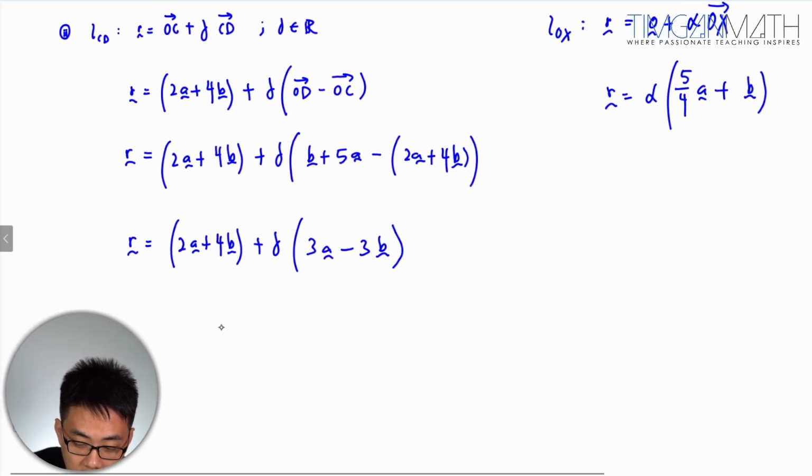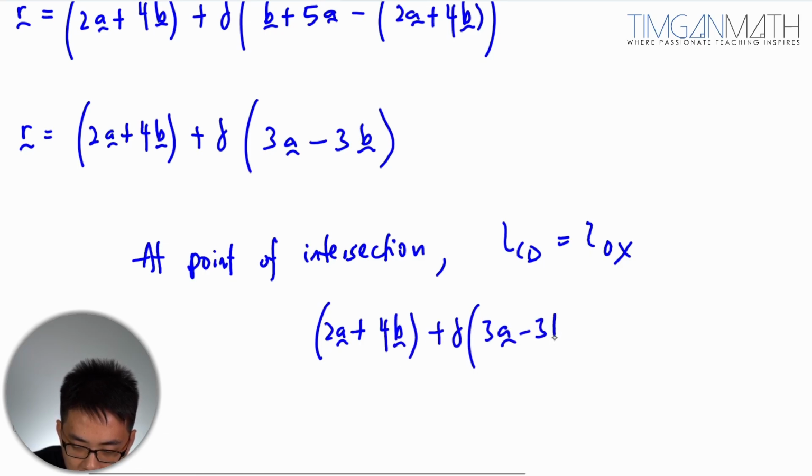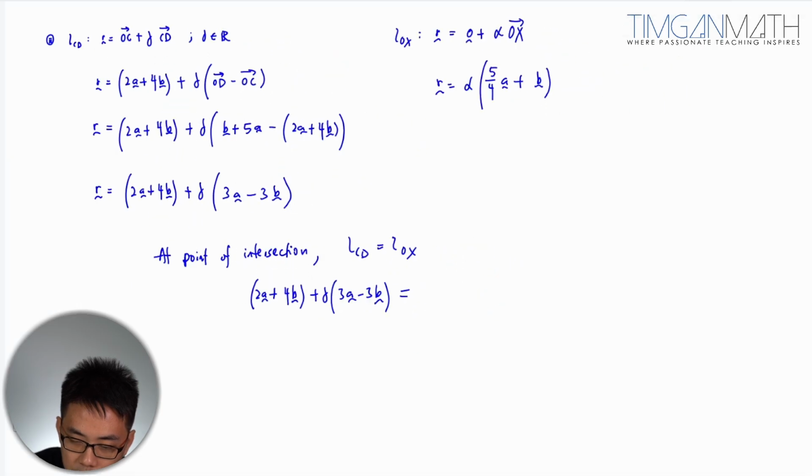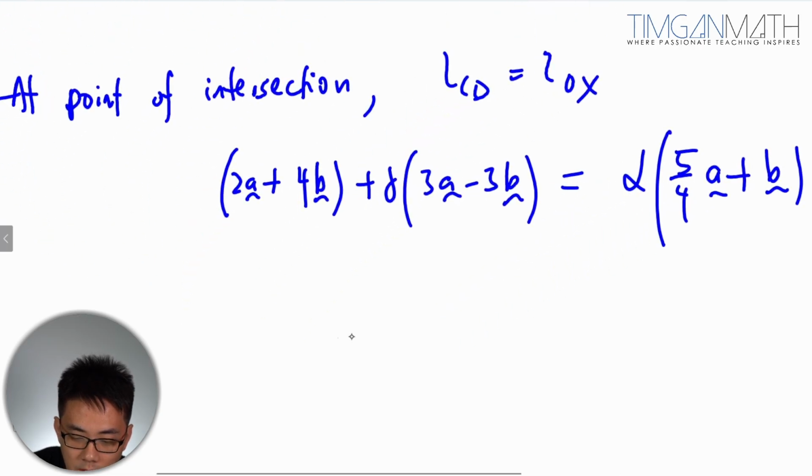So for find at point of intersection, okay, LCD equals to LOX. So I'm gonna just equate them both. Just 2A plus 4B plus gamma 3A minus 3B equals to alpha 5 over 4A plus B. Okay, so this case here, what I'm going to do is actually just compare them.